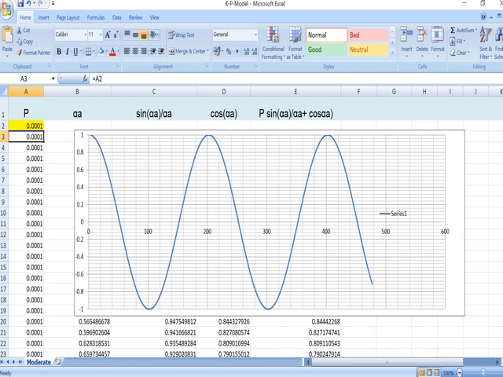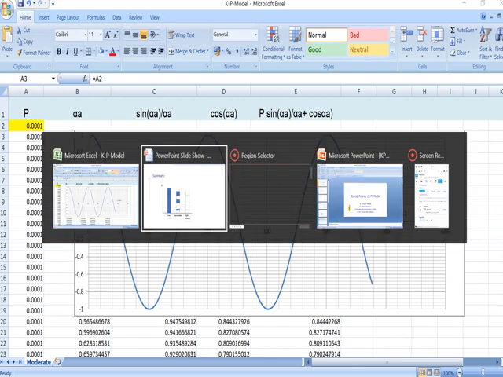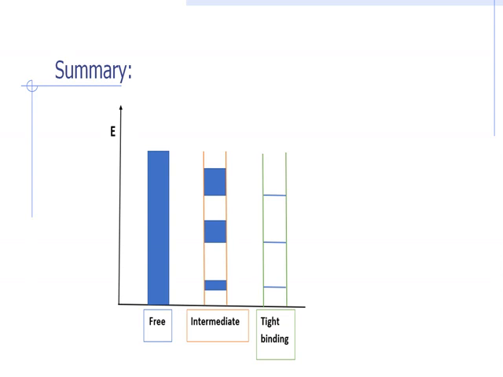That means all the values of alpha a are allowed, all the values of alpha are allowed. So that means all the energy levels are allowed. Similar to the other two cases, intermediate and tight binding, there is no such restriction. When P is tending to 0, it is becoming a free electron which can have any energy.